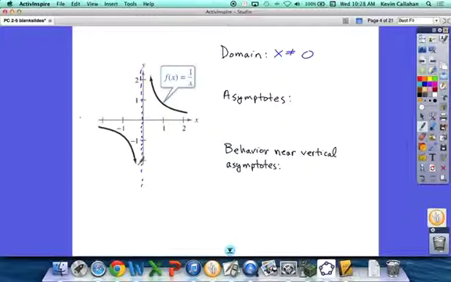But also, just by the nature of the function, 1 over x. Remember, if a fraction equals 0, that means the numerator equals 0. But the numerator is a constant. It's 1. This thing can never equal 0. There's nothing you can plug in for x that would make 1 over x equal 0, which means it has a horizontal asymptote here.